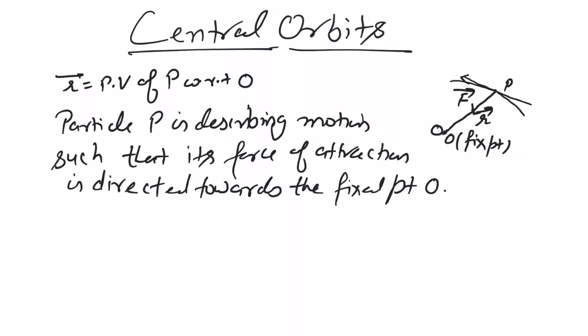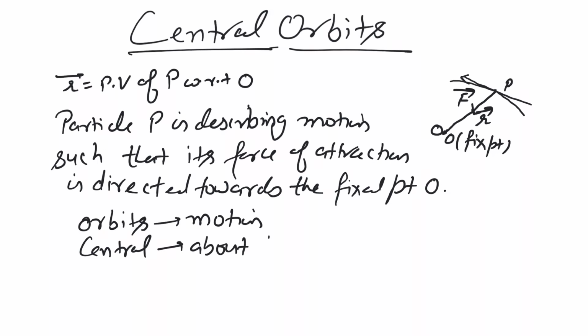So we can also understand its definition from its name. Central means about the center, orbit means path or motion.